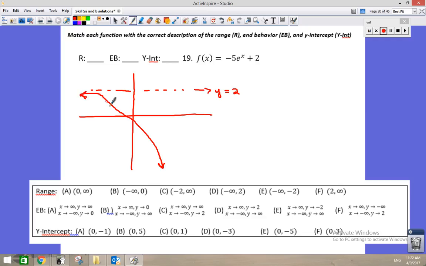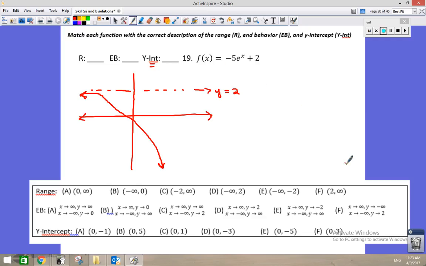I don't know for sure how it's going to intersect the y-axis, whether it's above or below. I suspect it'll be below the origin because that stretch of 5 is going to be negative 5 plus 2, negative 3. Yeah, this is going to be below the x-axis, but we'll determine that right here when we let x equal 0.